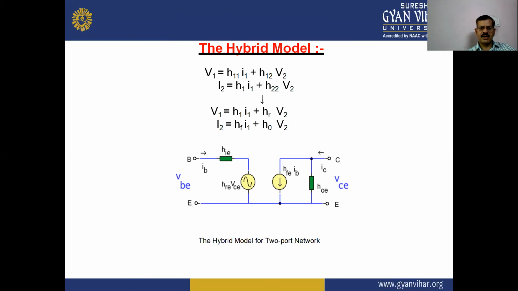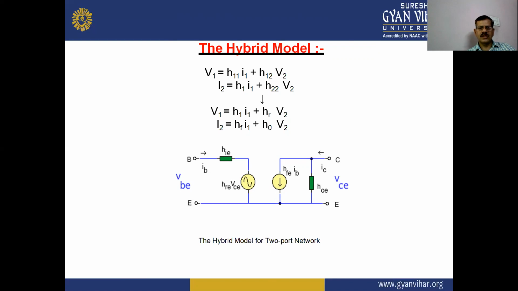Here is the hybrid model for the two-port network. So the equations for this hybrid model for the two-port network: V1 equal to H11 I1 plus H12 V2, and also I2 equal to H21 I1 plus H22 V2.